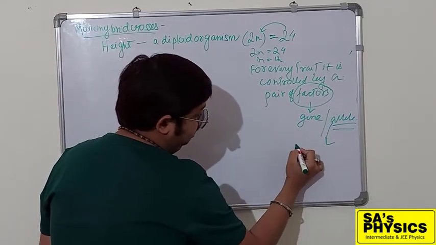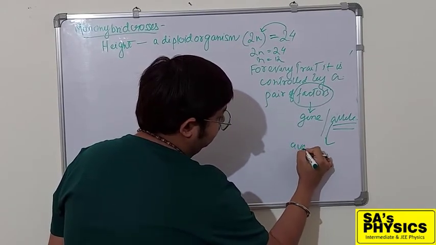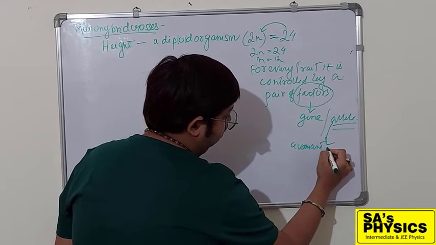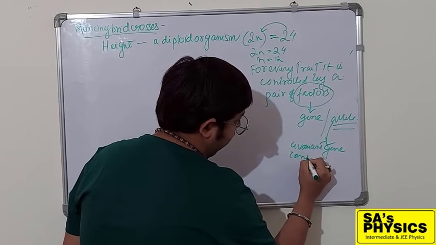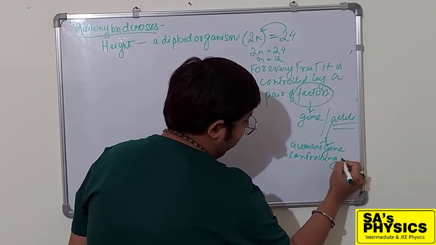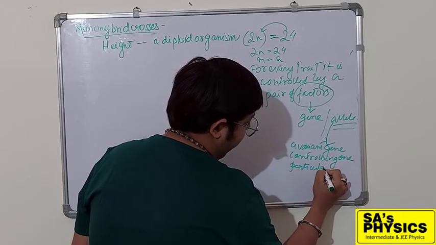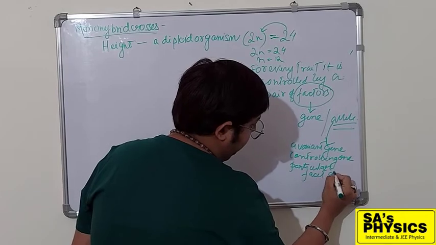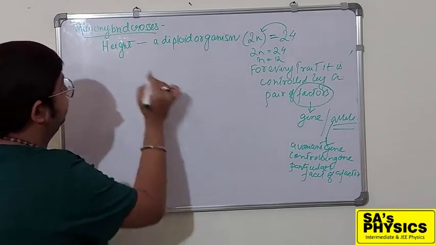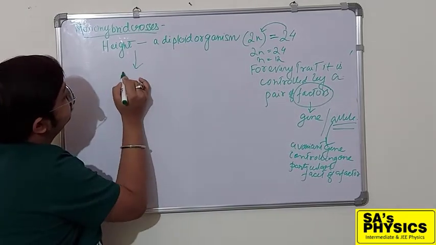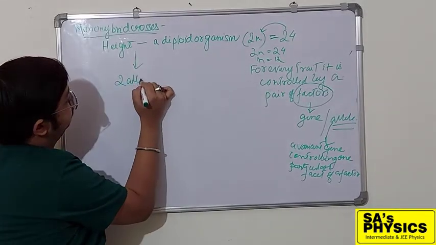So allele is basically a variant gene controlling one particular facet of a factor. Right? Suppose we take height and we say that height is controlled by two alleles.